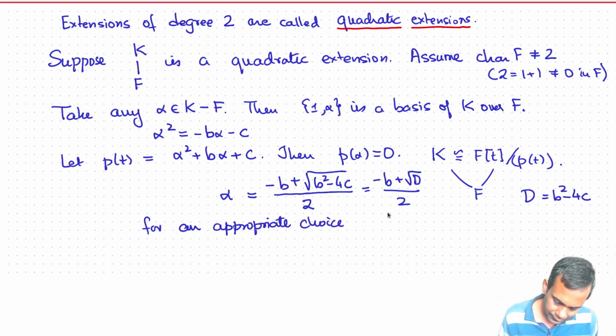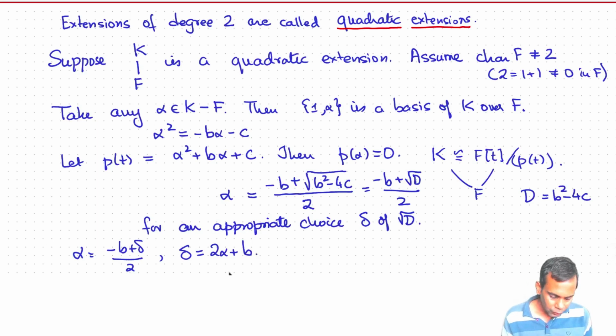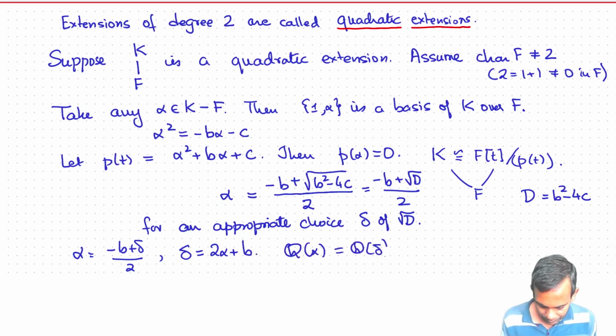Let's call it delta. So what we have is that alpha is minus b plus delta by 2, and we can also write delta as 2 alpha plus b.